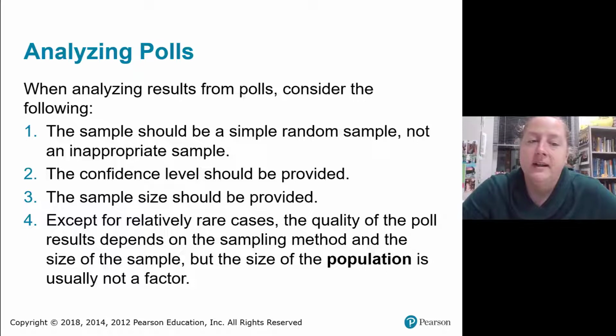So when we're analyzing results from polls, there are things that we need to consider. The sample should always be a simple random sample, not an inappropriate sample. If it's an inappropriate sample, then we can kind of disregard the results as not being valid. The confidence level should be provided. They should always tell you what the confidence level is, and if they don't, again, there's suspicion to be cast there.